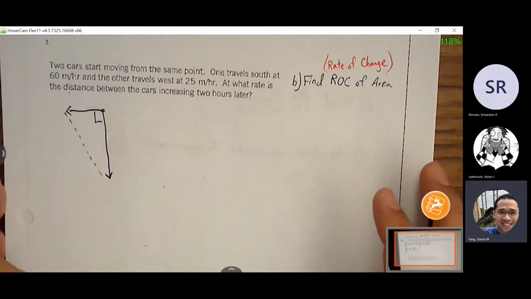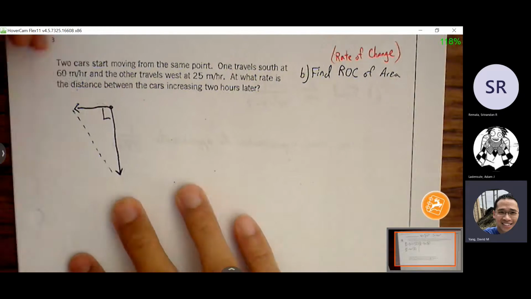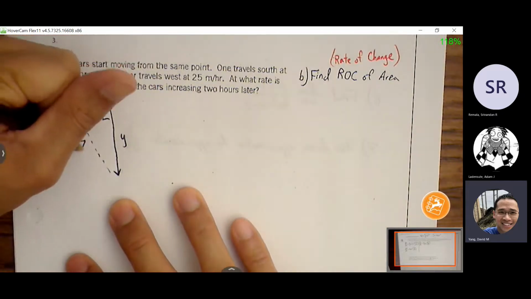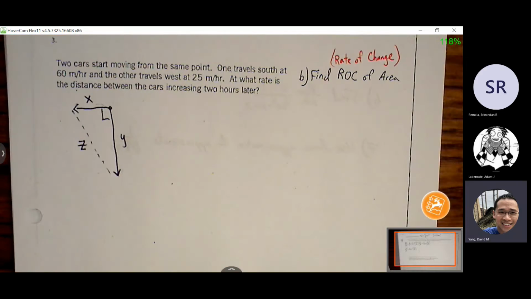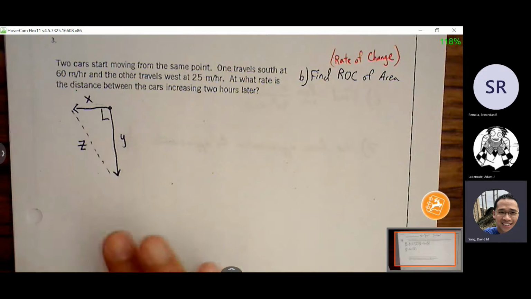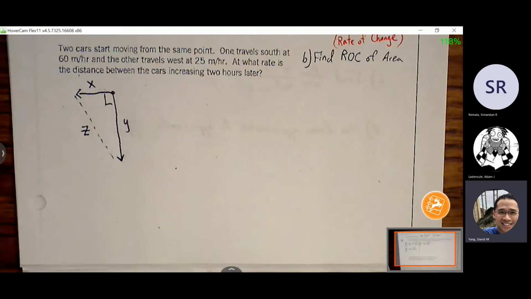We have a right triangle there, so we know we're dealing with a Pythagorean theorem problem. I'll go ahead and label them x, y, and z. You can do whatever you like. So I'm going to set that equation up, get the derivative, get my calculus out of the way, and then just figure out what I need to plug in.